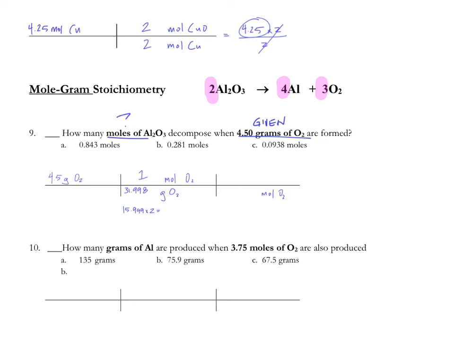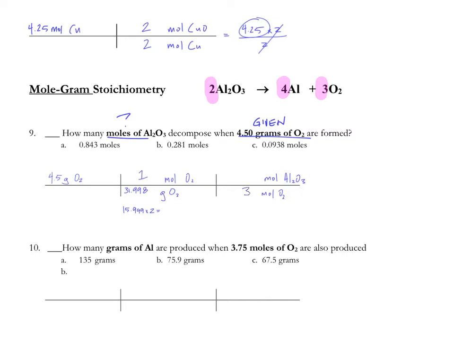Now I can go from moles of O2 to moles of aluminum oxide. And that's where my ratio comes into play. I've got 3 moles of oxygen gas and 2 moles of aluminum oxide, so the ratio is 3 to 2.